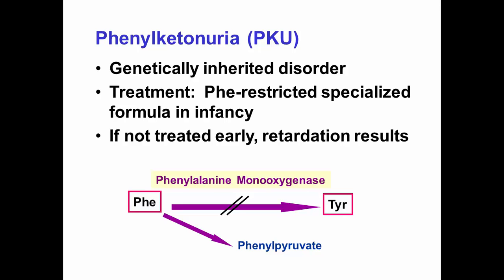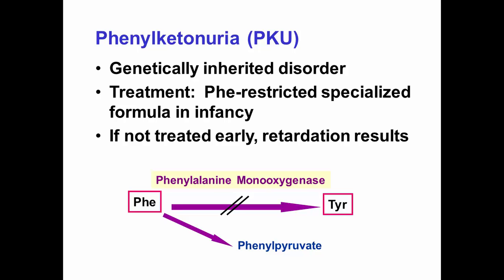It's an inborn error. And so it causes the phenylalanine to build up, and its toxic byproduct, phenylpyruvate, can cause mental retardation if it's not treated early.